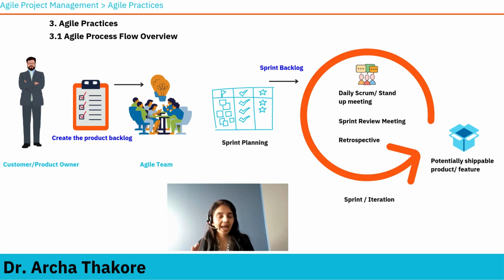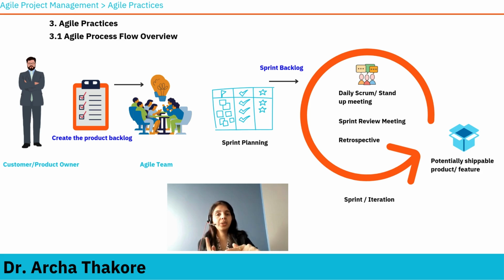So, sprint planning is based on the product backlog. So, say you have 20 features to be developed as a part of an agile project. Okay, so that list of 20 features is your product backlog.